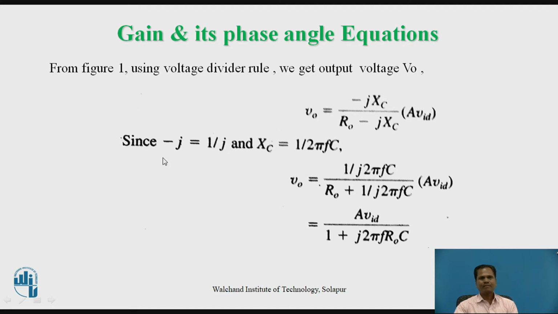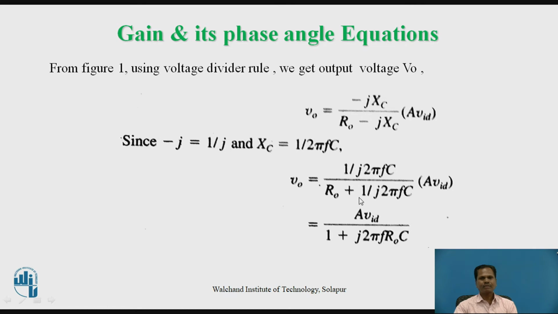Since minus J is equal to 1 upon J, and XC, the reactance of the capacitor, is given by 1 upon 2 pi F C, the output voltage VO equals 1 upon J 2 pi F C, divided by Rho plus 1 upon J 2 pi F C, whole multiplied by A into VID.